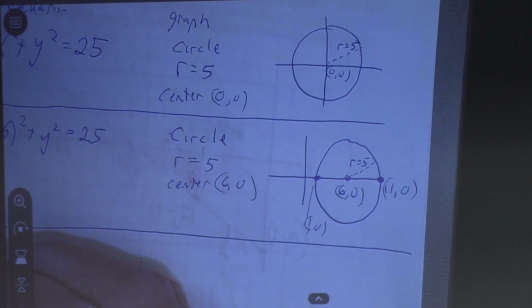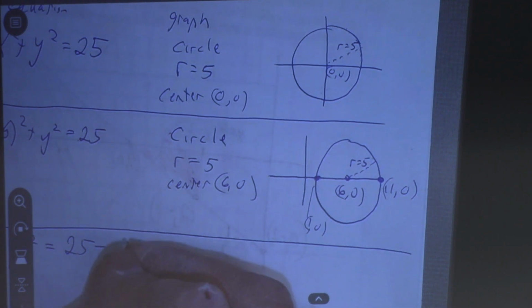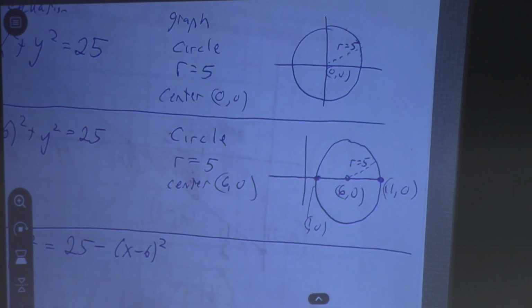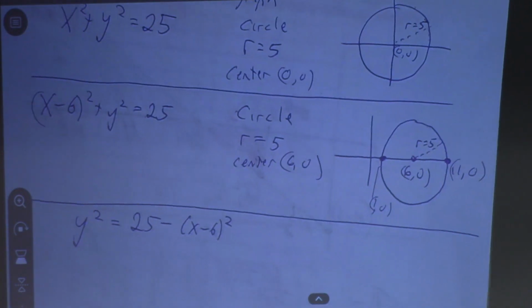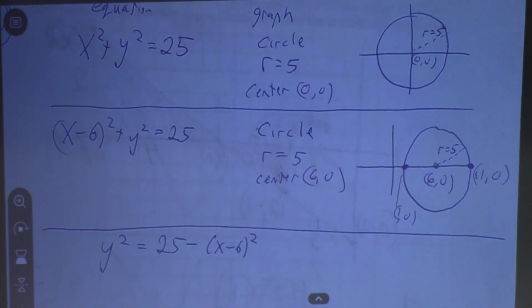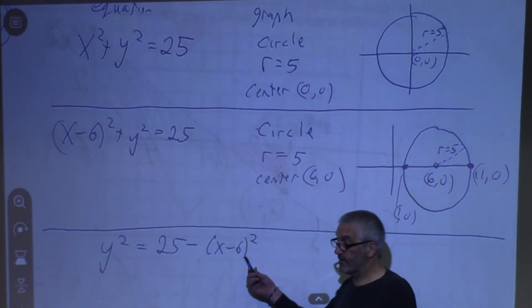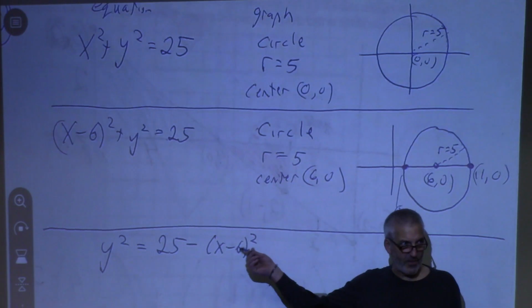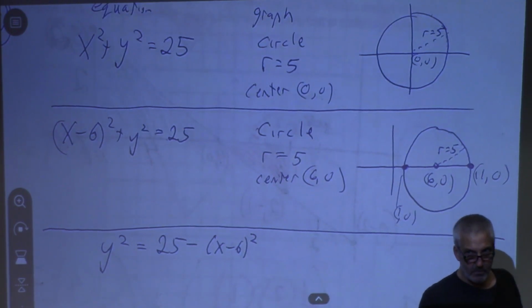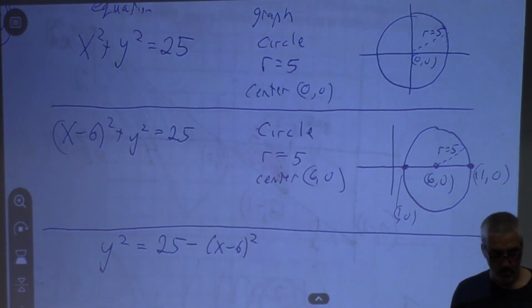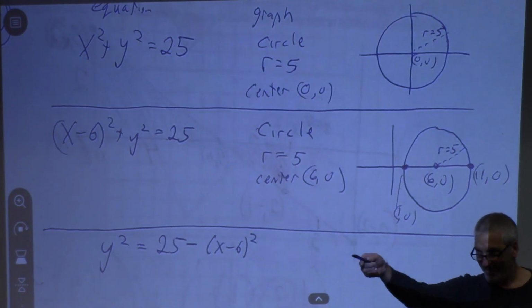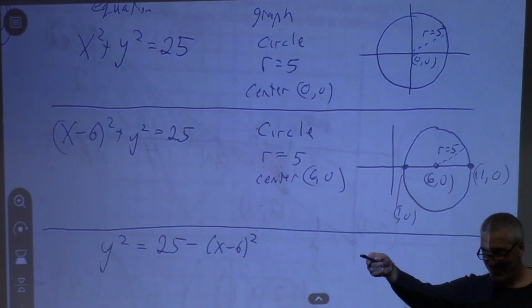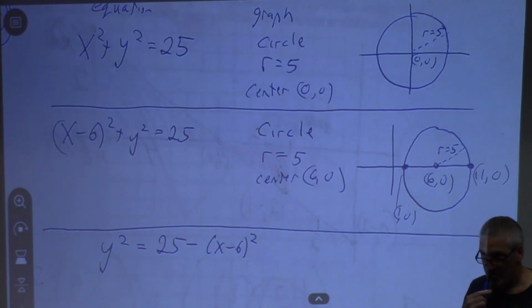Here's a cool one. There's an equation: y equals the square root of 25 minus x minus 6 squared. What's the graph of that thing look like? Looks like a parabola. No. Jonah? Would it be the same?